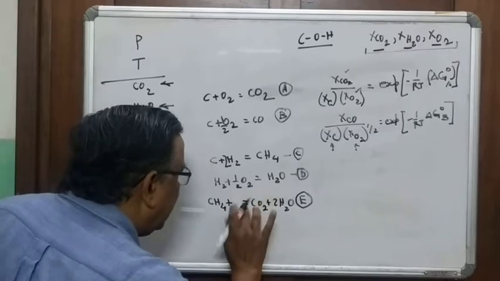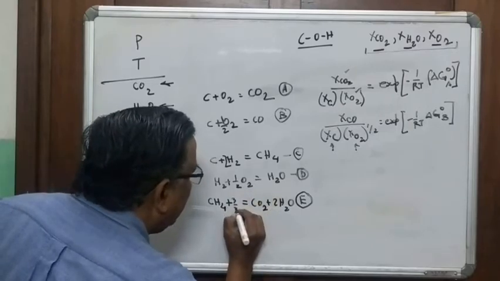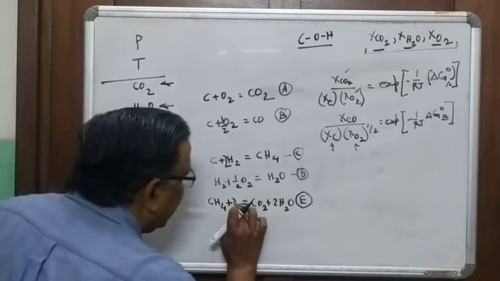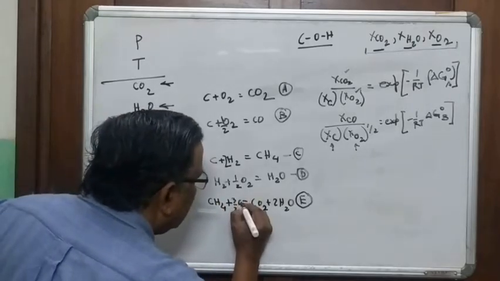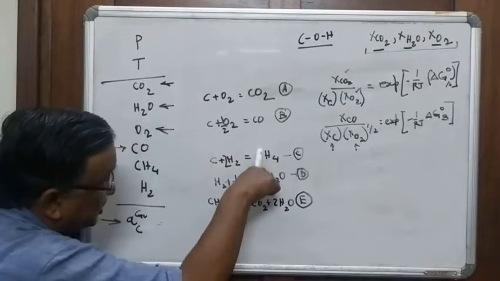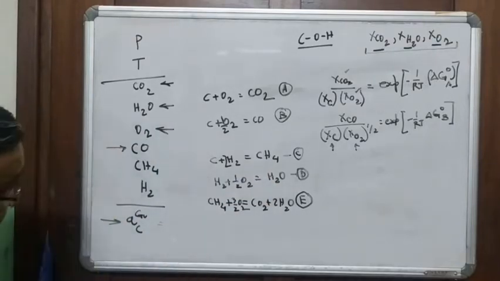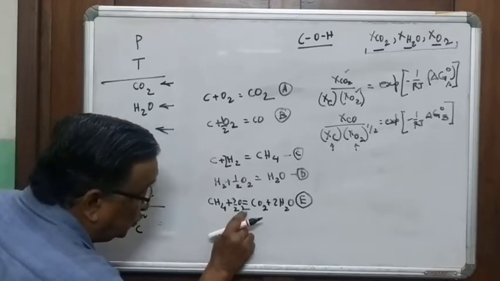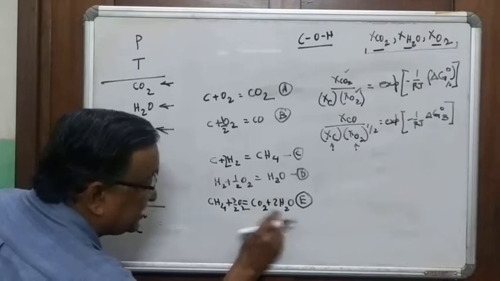So this will be 3 by 2 O2. I will write it again. CH4 plus 3 by 2 O2 is equal to CO2 plus 2H2O.